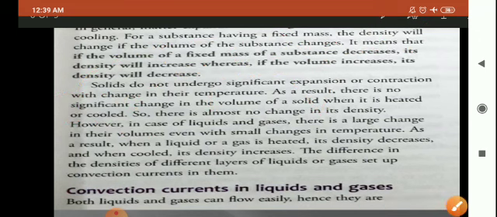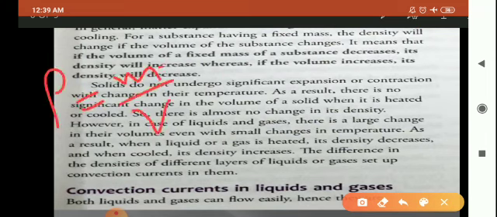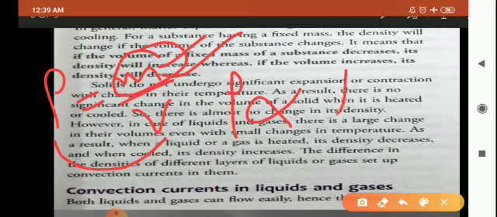Yes. What we can find is that density rho has an inverse proportion with the volume. Yes or no?